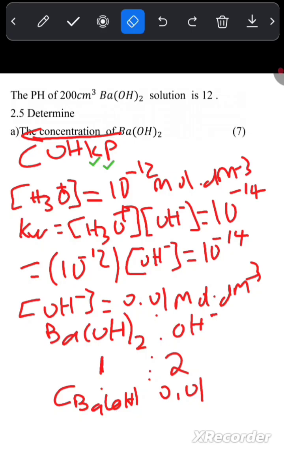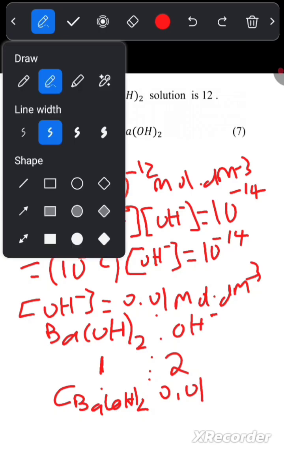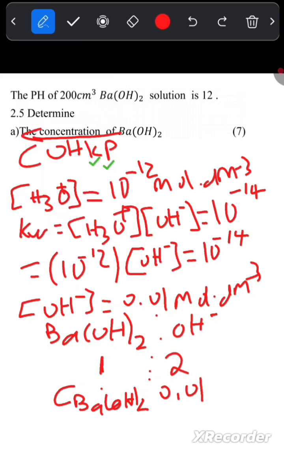You cross multiply, then you simplify everything there, so that you will get the concentration of barium hydroxide.